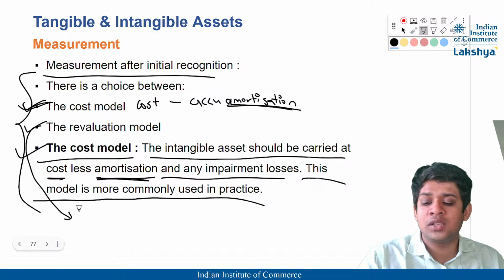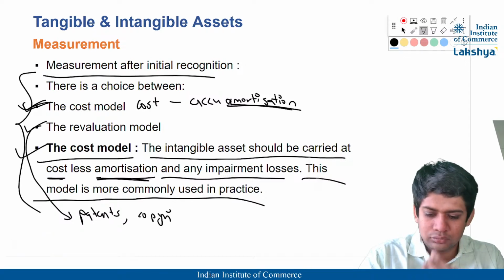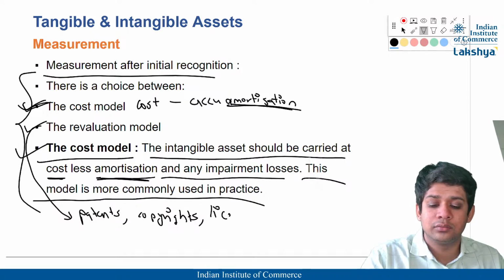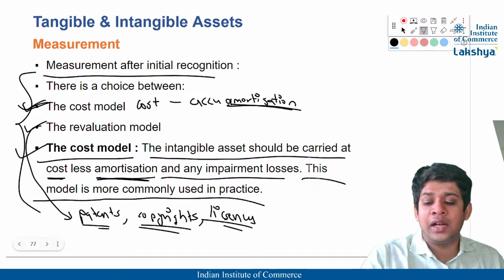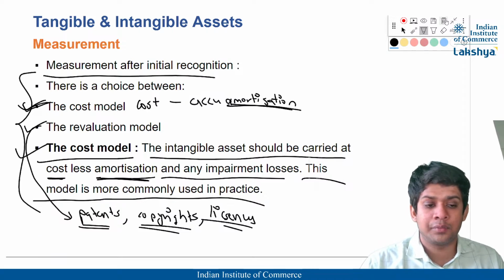Technically, revaluation model is mainly used for patents, for copyrights, or any sort of licenses, right? Mainly for them, revaluation model is used because they can be fair valued out in the market, right?